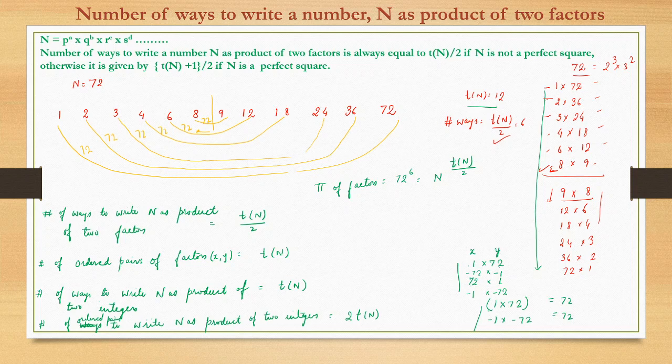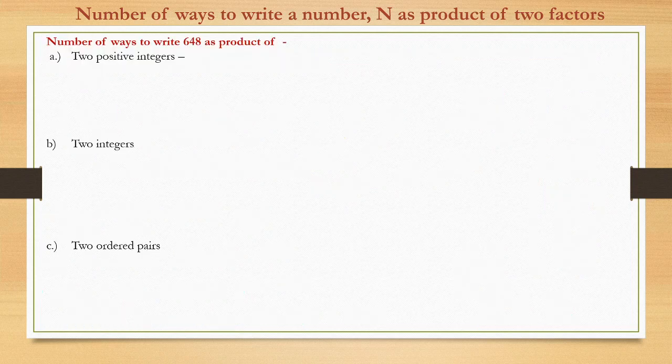We'll see this through an example. The question was to write 648 as a product of two positive integers. So 648 we need to prime factorize. I think this will be 2 cube into 3 raised to power 4. This would be the factorization. So in how many ways can we write 648 as a product of two positive integers?